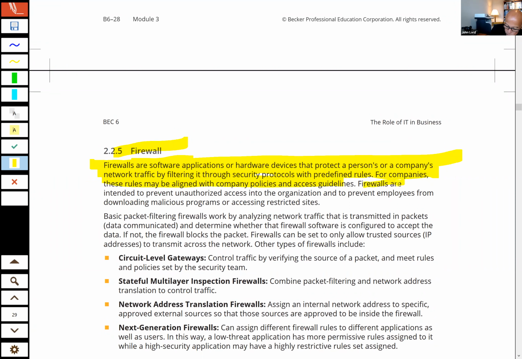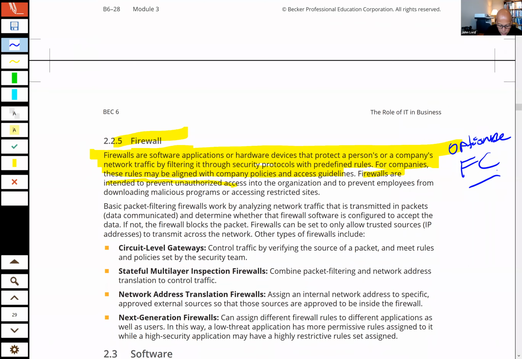Firewalls are intended to prevent unauthorized access. I think you know that, guys, but it's here. You might get a question on what a firewall does, so I want to make sure we at least talked about it. If you want to, you can flashcard that. I'll call that an optional flashcard.